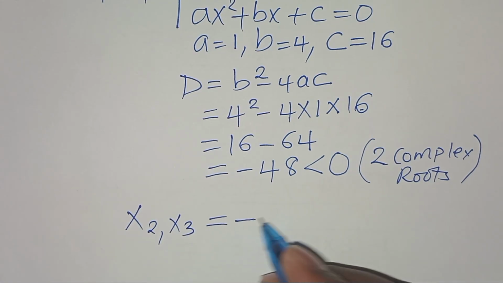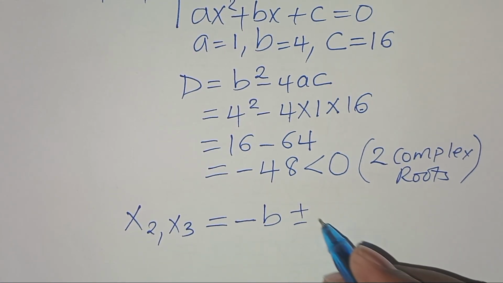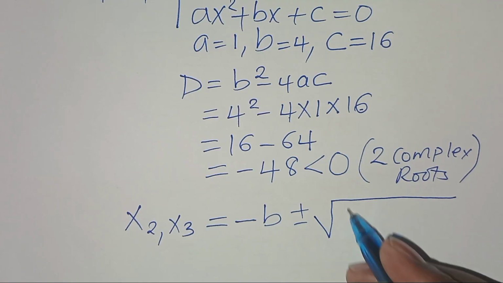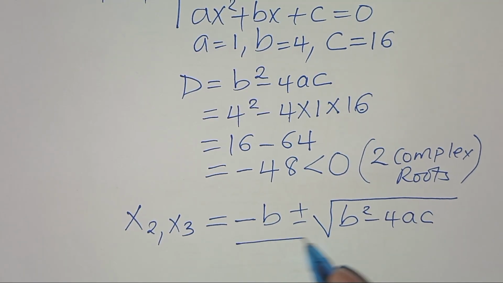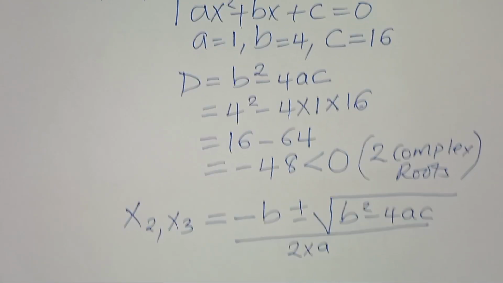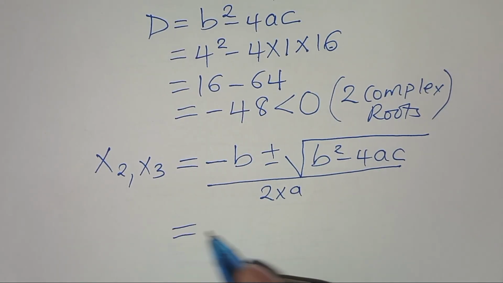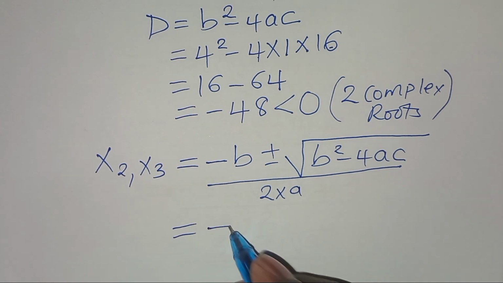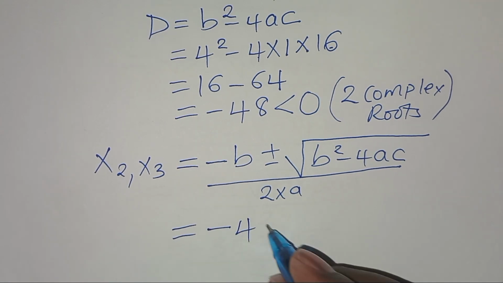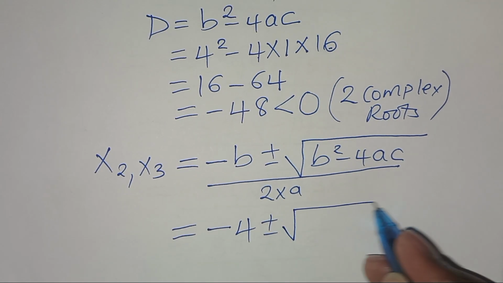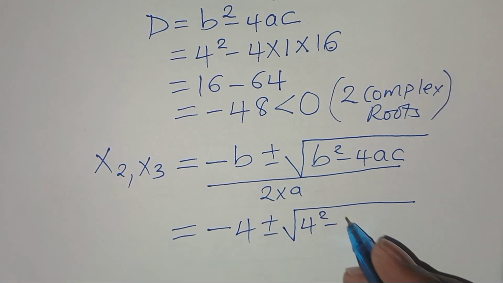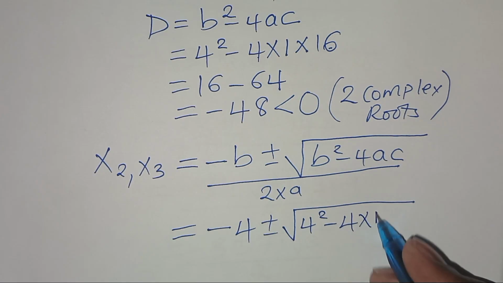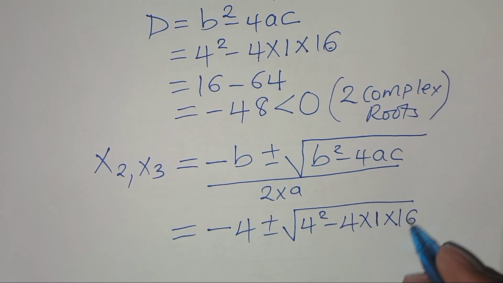This is equal to minus b plus or minus the square root of b squared minus 4ac divided by 2 times a. So substituting these values, we'll have negative 4 plus or minus the square root of b squared, that is actually 4 squared minus 4 times a, which is 1, times c, which is 16.